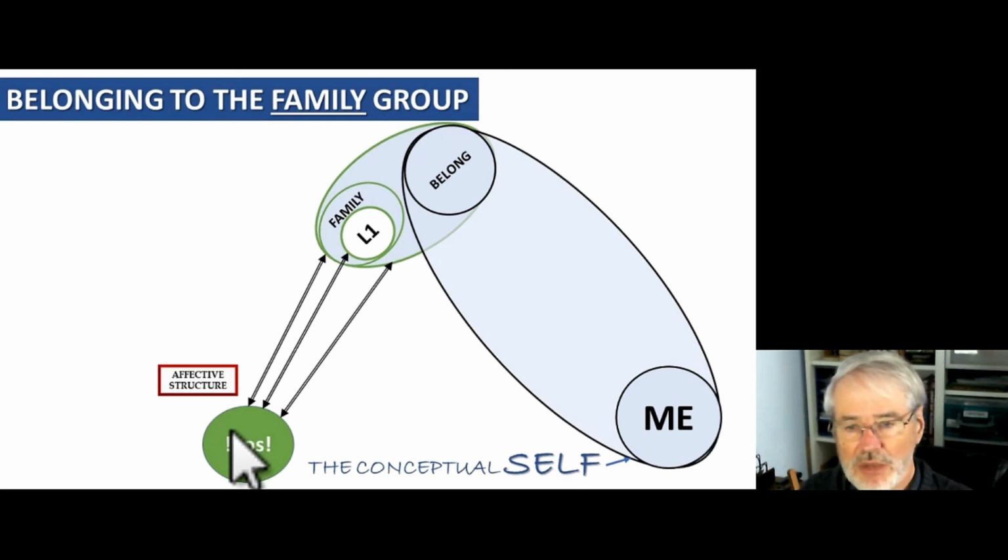So these are affective structures, and they're associated and they co-activated, of course, which is a result of what happens when two representations are associated. They get co-activated, activate one, and the other will be activated. And this positive set of associations basically mean I'm very happy belonging to a family, and I'm happy with the L1 that is associated with it.